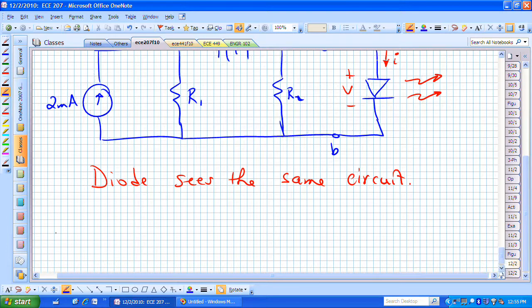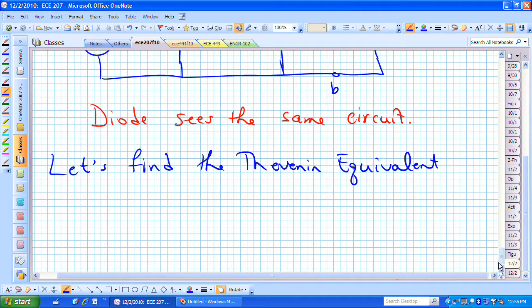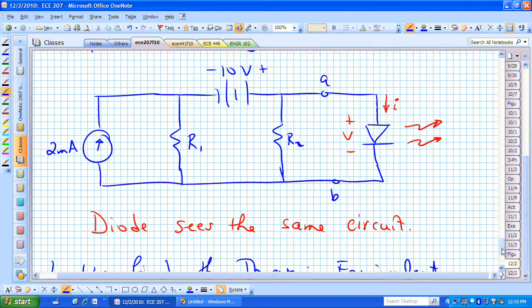Let's now find the Thevenin equivalent between nodes A and B. One thing that you can see, hopefully, when you examine this circuit or start to think about it, there are no dependent sources.